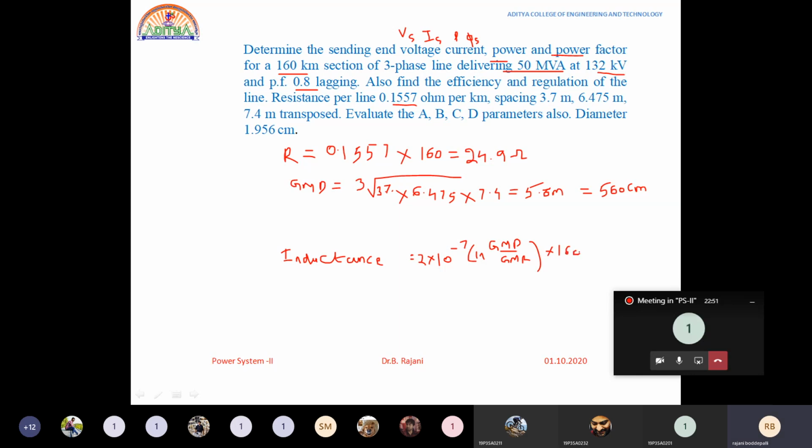Since the length is in kilometers, I need to change it into Henry.